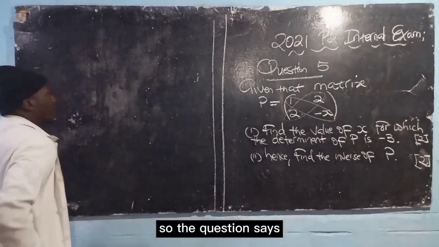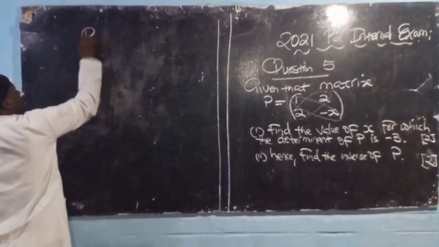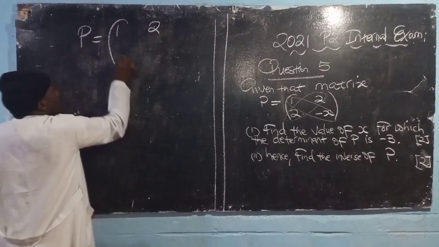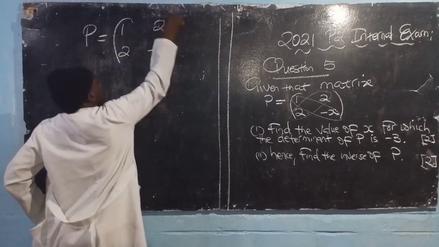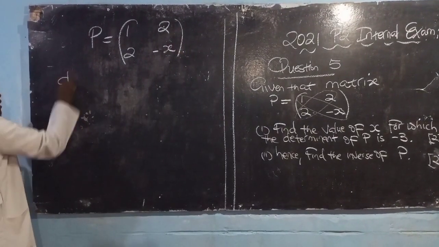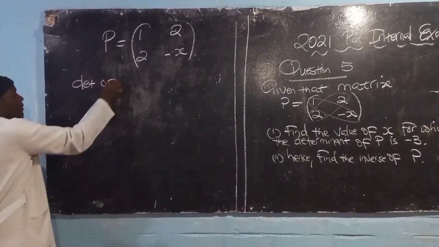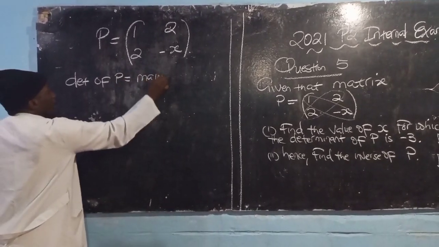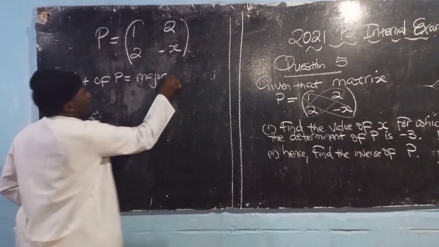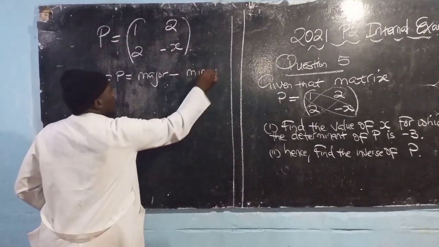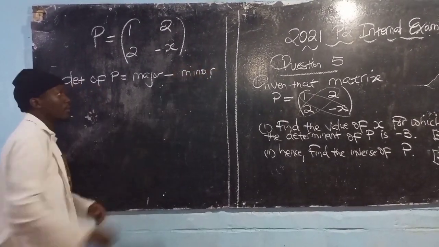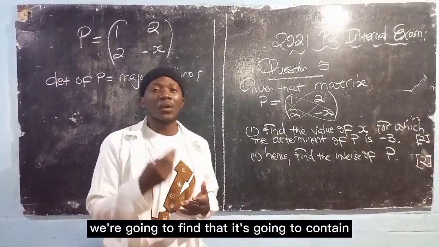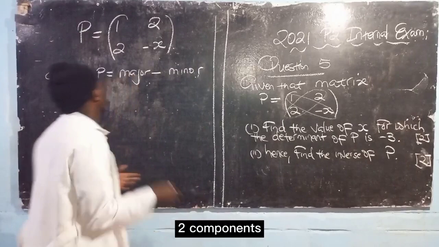So the question says matrix P equals 1, 2, 2, negative x. The first important thing, we're going to say determinant of P equals the product in the major diagonal minus the product in the minor diagonal. For each and every diagonal, it's going to contain two components.